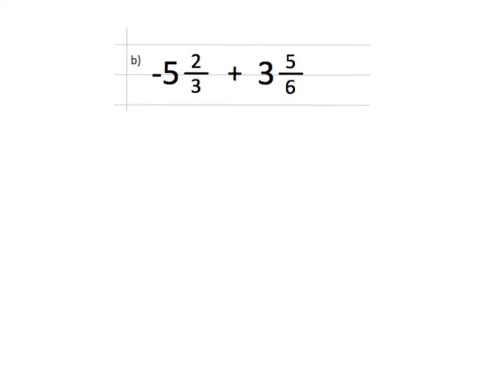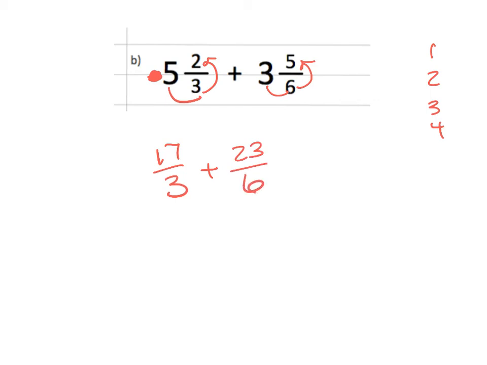-5 2/3 plus 3 5/6. 4 steps. Do me a favor and ignore the negative for right now. So let's change our two mixed numbers into improper fractions. 5 times 3 is 15, plus 2, I have 17/3, plus 3 times 6 is 18, plus 5 gives me 23/6.